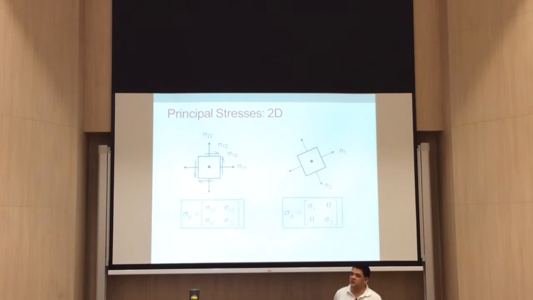So we're not just looking into 3D. If we can simplify this into 2D, then we can also get the principal stresses for 2D structures. Take note, you just rotate it in such a way that you get sigma 1 and sigma 2. So this one is equal to that.